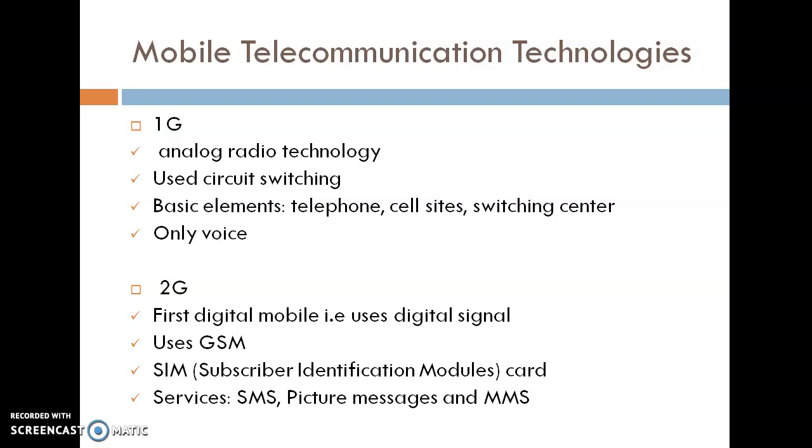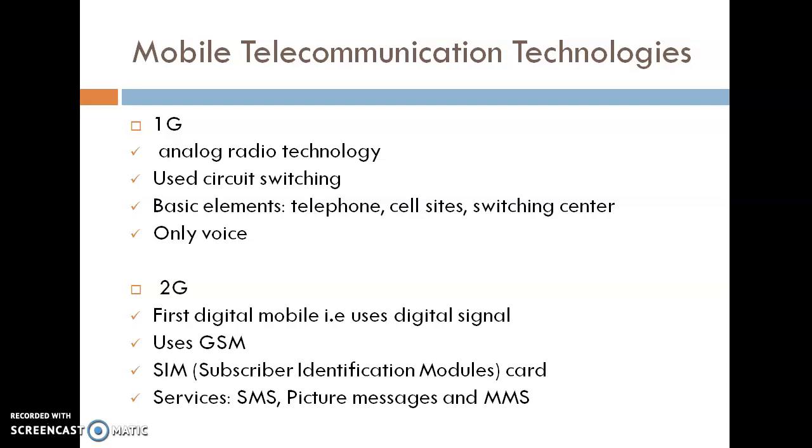Now, other than the voice signal which was provided in the first generation, this device allows you to send SMS and picture messages, and also, not to the extent we have nowadays, multimedia messages. Besides that, you can also send fax and voicemail in this generation.